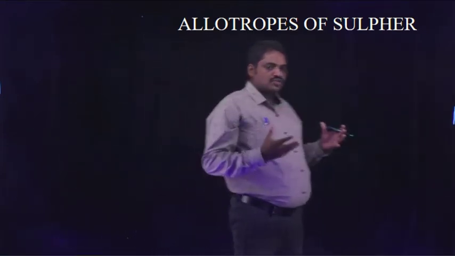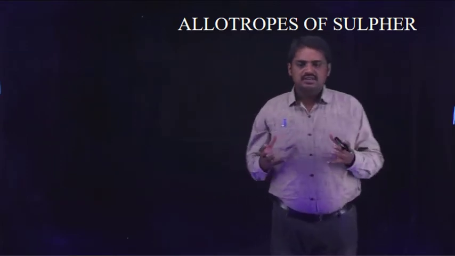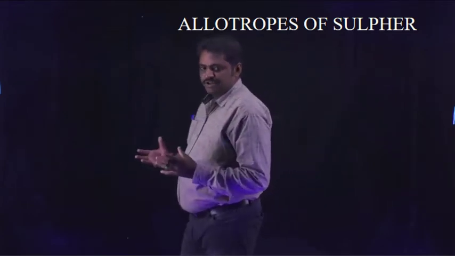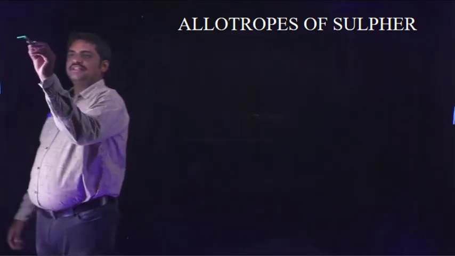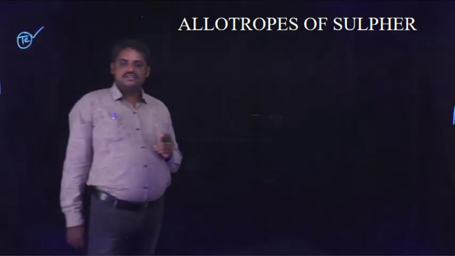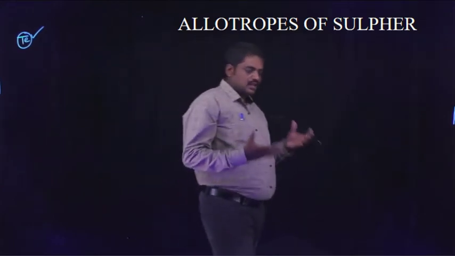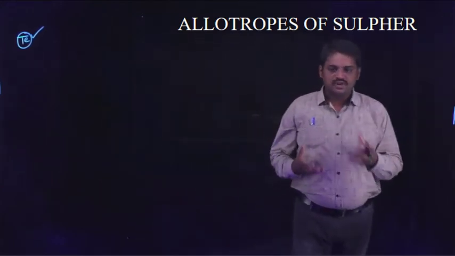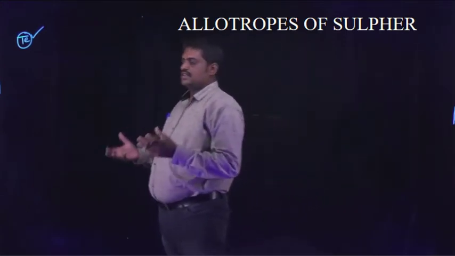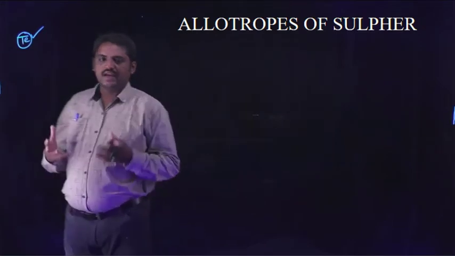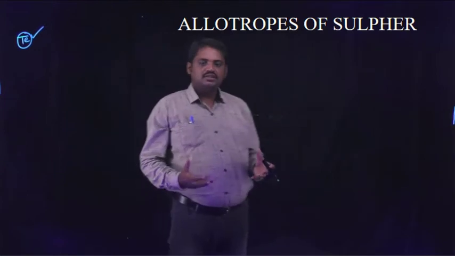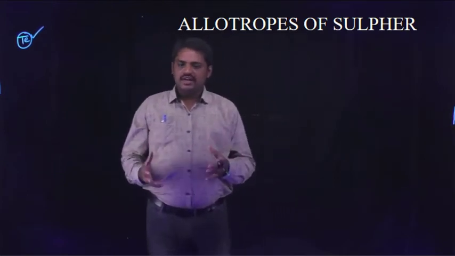These chalcogens exhibit different allotropic forms except tellurium. For example, oxygen exhibits two types of allotropic forms: one is dioxygen and another is trioxygen.